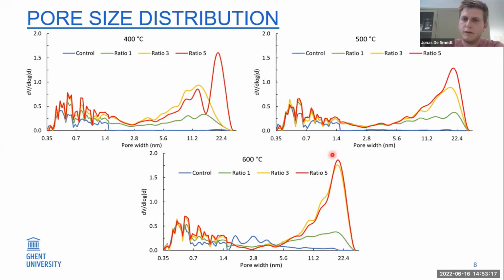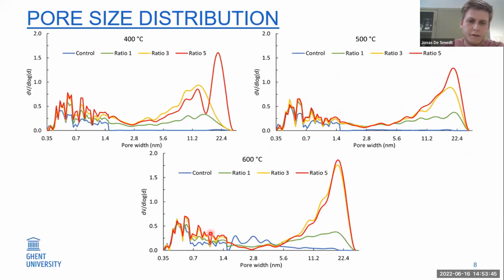But the enhancement of the pores is different, because at 500 degrees, you can see that all the lines, yellow, green, and red, of our different ratios in the micropores overlap. But then there's only a small difference in the larger mesopores regarding the amount of surface area that is produced.